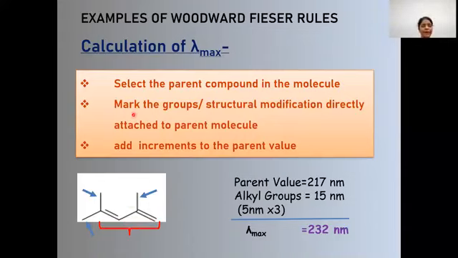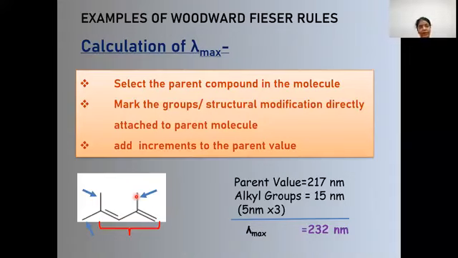Second step, mark the groups or structural modifications directly attached to the parent molecule. With the 1,3-butadiene molecule, which group or which structural modification is present, and for this particular structural modification or group, what is the value of increment?